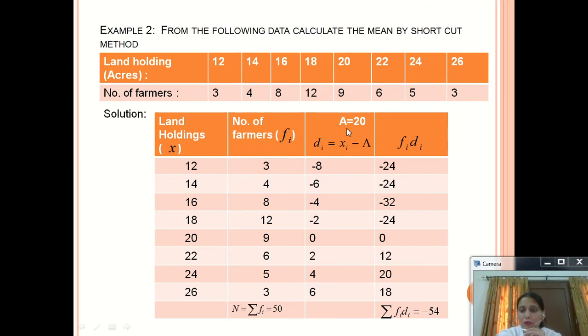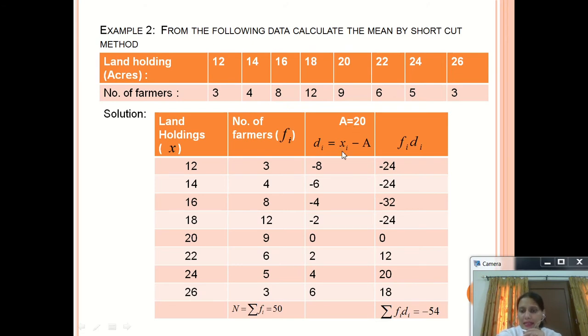Now in shortcut method, we have to assume capital A from x. From the middle value, the middle term is either 18 or 20. It's our choice, we can take either 18 or 20. Let's take 20. A is equal to 20.